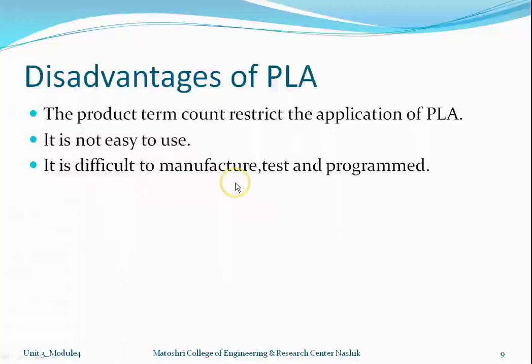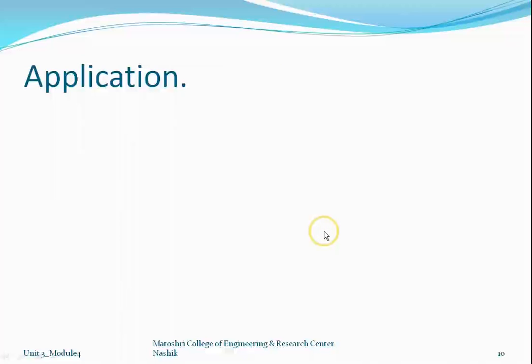It is difficult to manufacture, test and program as compared to the PAL. If we compare PLA with PAL, it is very difficult to manufacture because of this complexity, as well as to test and program. So these are the disadvantages. Now the applications where we use the PLA.